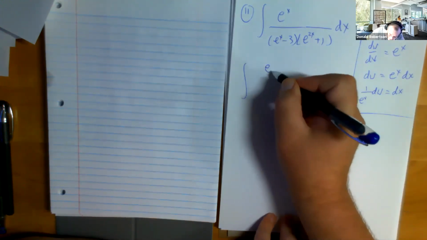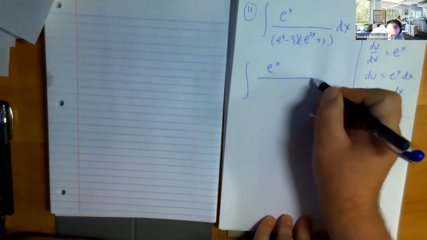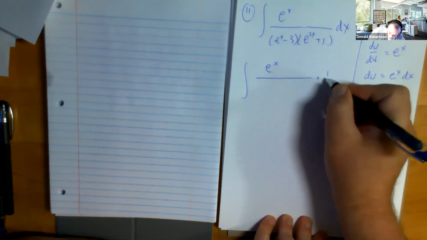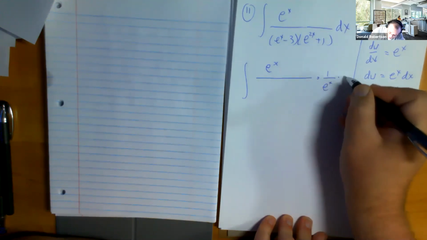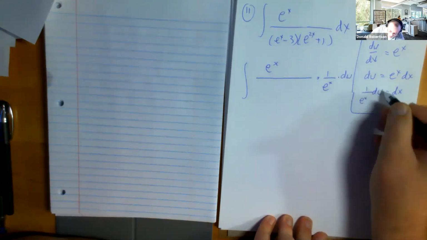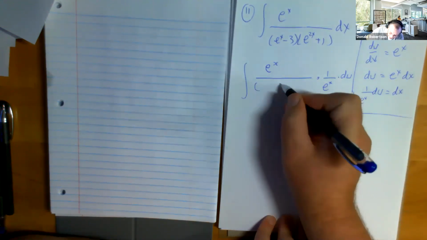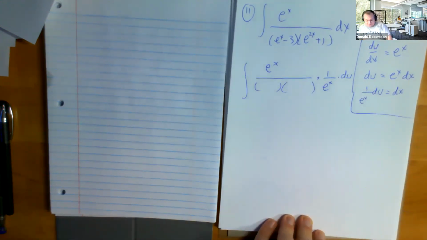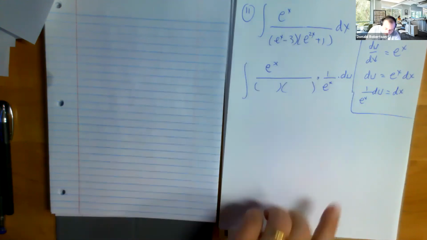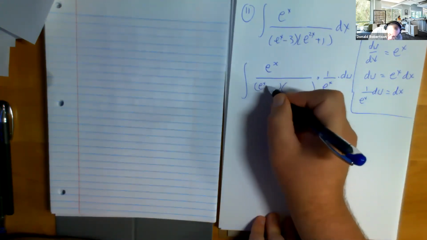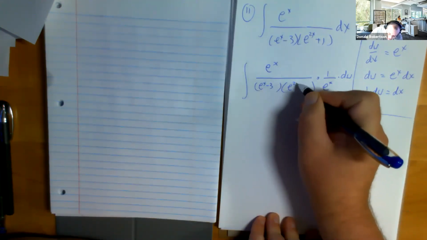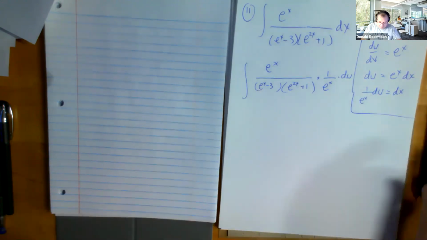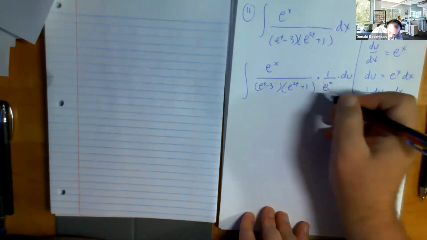I'm going to leave that e to the x just for a little while. I'm going to turn the dx into that bit. And now I have two guys, this fella and this fella. Well, right now, I'm just going to, for one extra line, leave him alone. That guy cancels that guy.